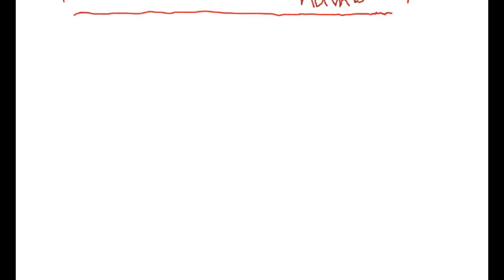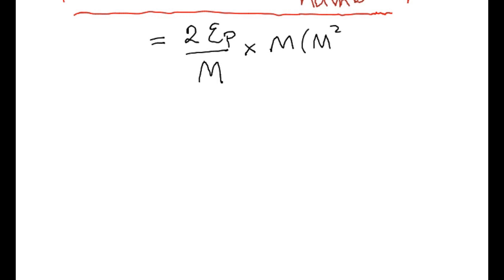Now we can write our sum in this form. We can say that our sum is equal to 2 times E_p over M multiplied by M times M square minus 1 over 6.